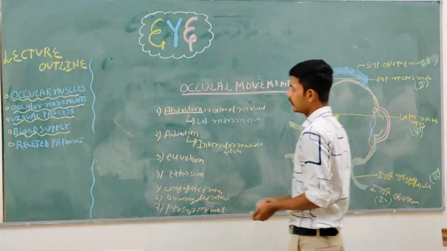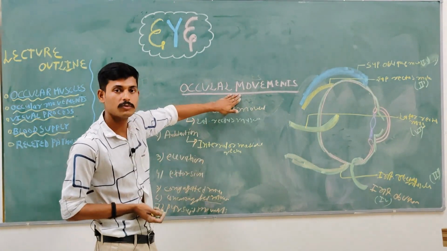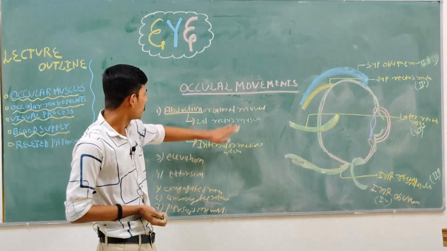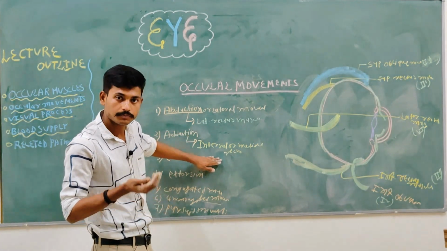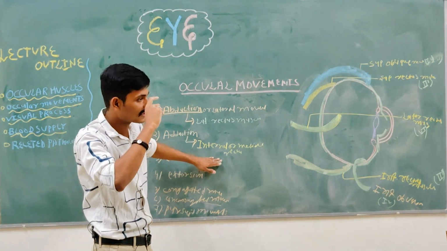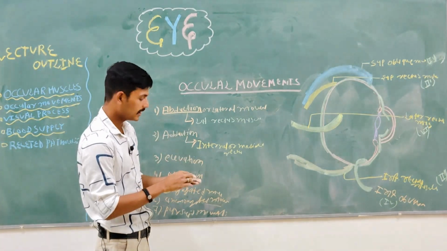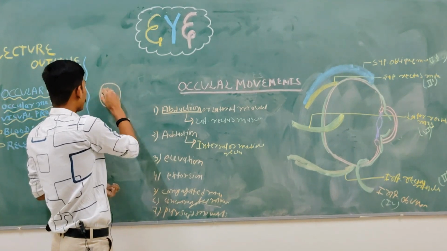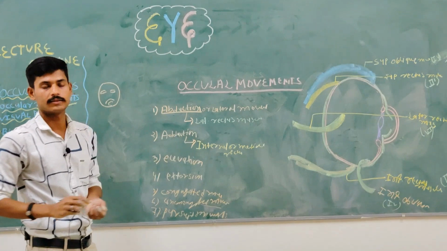So once again, let's define the ocular movement. Ocular movements are those movements performed by the eyeball to see the object and adjust the eyesight. Seeing the object is not the only phenomenon of the eye.